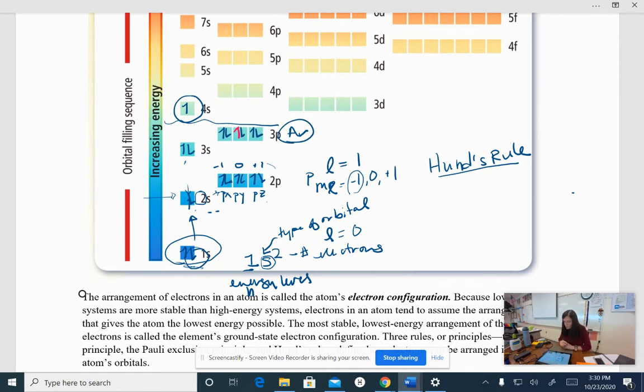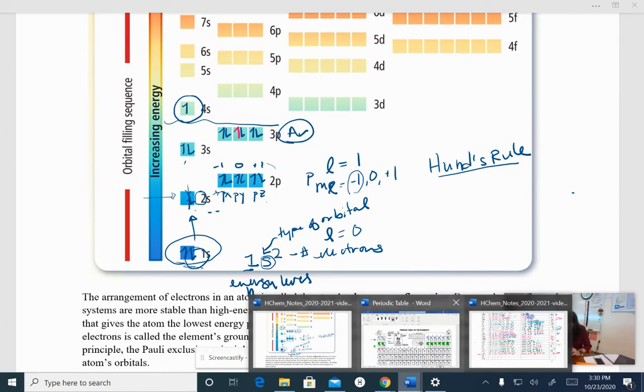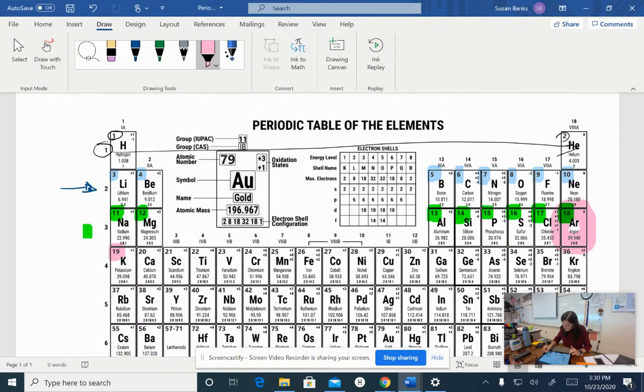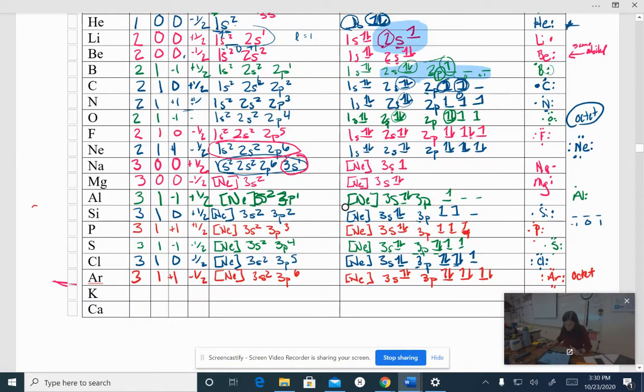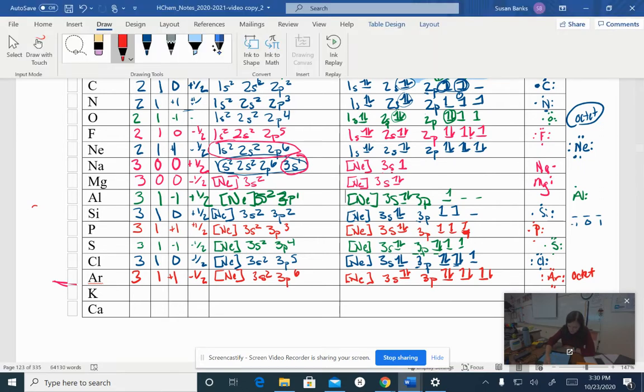So I can use a new noble gas for my notation, just to shorten things up. We're going to now use argon for this, because it is the noble gas of the period before. Let's change our color.